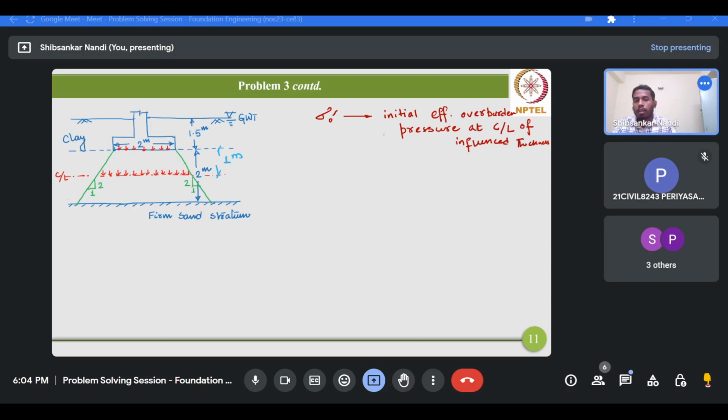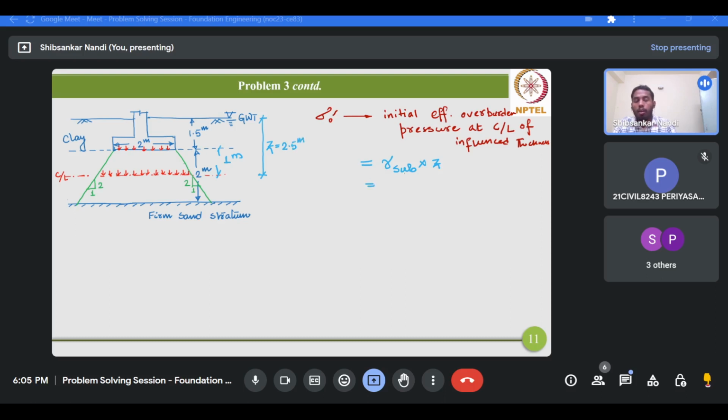Or in another way, we can simply calculate this as gamma submerged multiplied by z. Now what is z? So z is this distance. Now what is the value of z for this problem? It will be 1.5 plus 1, that means 2.5 meter.